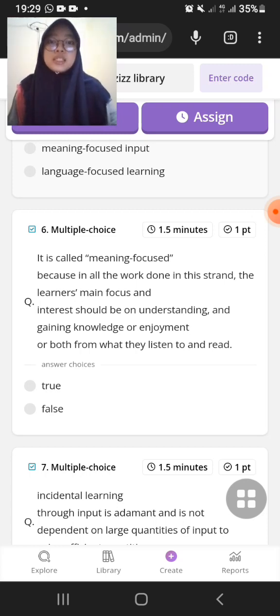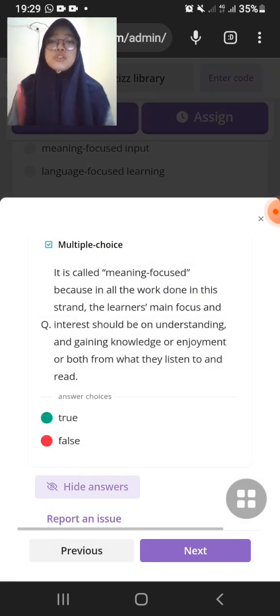The answer is true. I find this answer in the PDF.